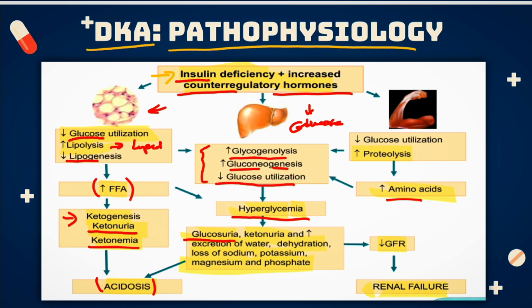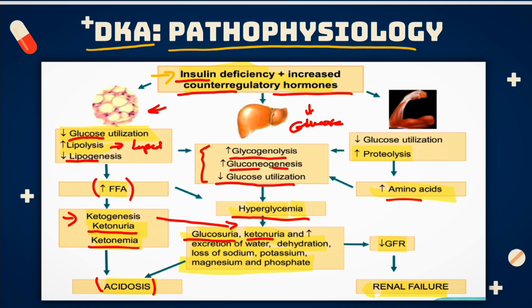glucosuria. Apart from that, the ketogenesis condition will also appear, which will cause ketonuria. Ketone bodies will be produced and secreted in urine, known as ketonuria.